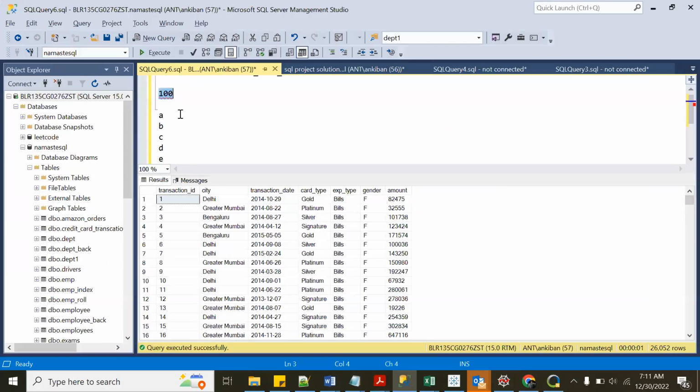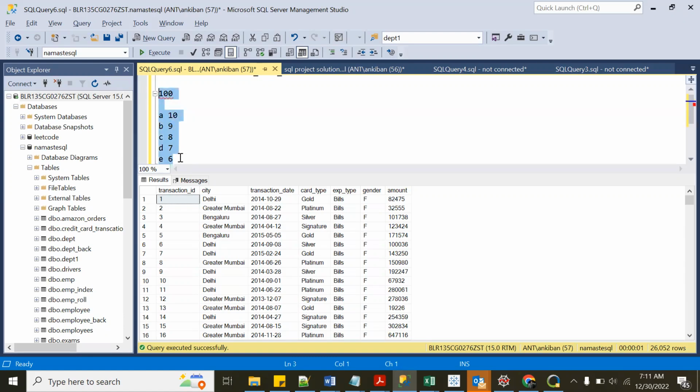If the total is 100 and this one has done 10, then 9, 8, 7, 6, we have to tell that this one has done 10%, 10 out of a total expense of 100. This is 9, 8, 7, 6. This is how we have to do it.